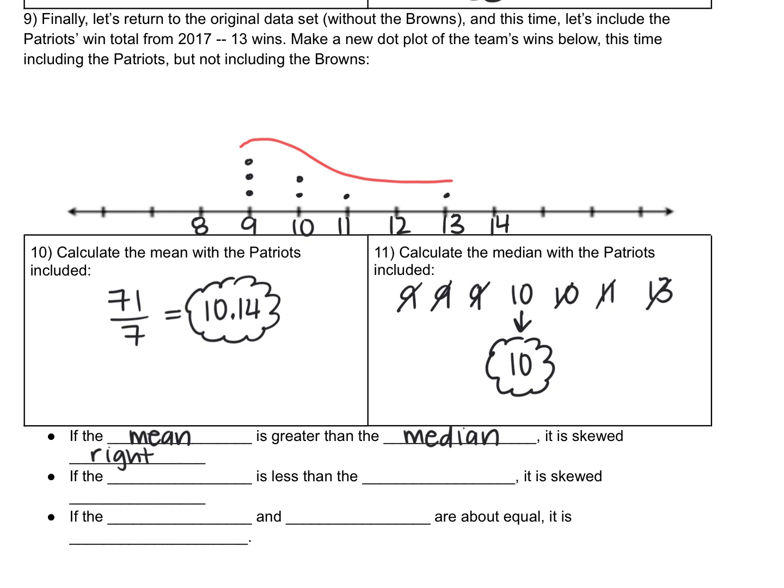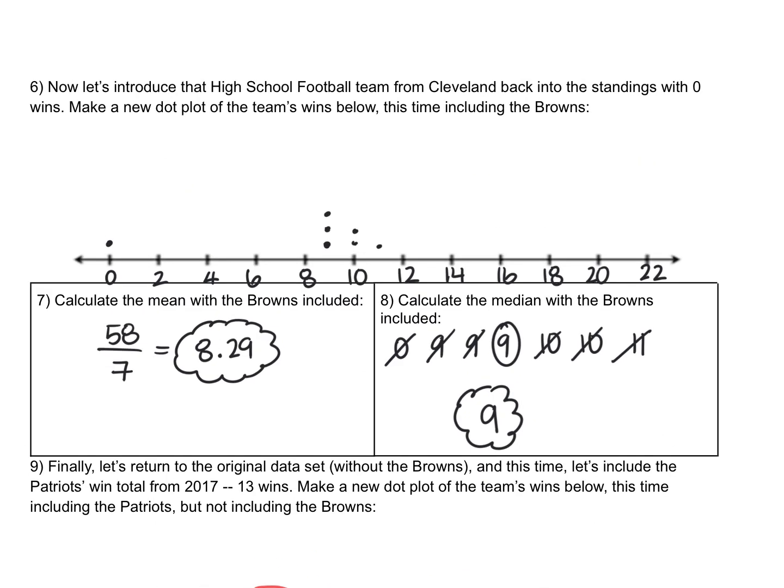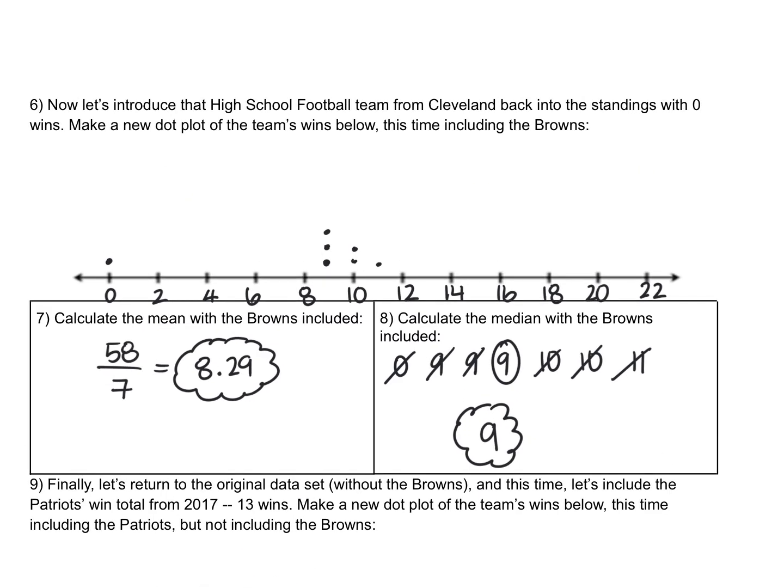On the reverse side, if the mean is less than the median, it is skewed left. If you go back up to our example where we had our 0, I start low, then I go up and come back down. That's where it's skewed left. I have a lot more smaller values at the lower end of my distribution than the higher end.